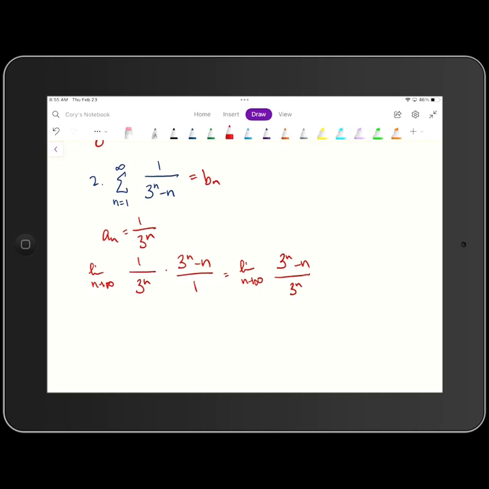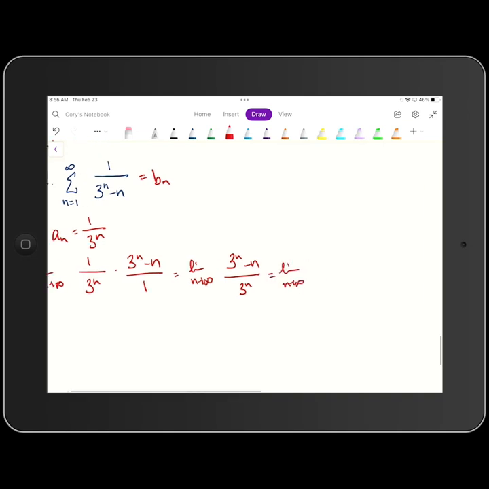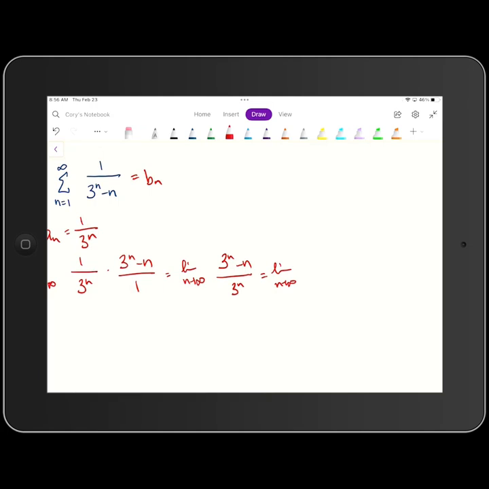To take this limit, I'm going to separate the numerator into two fractions. So we get 3 to the n power over 3 to the n power minus n over 3 to the n power. This becomes the limit as n goes to infinity of 1 minus n over 3 to the n power.